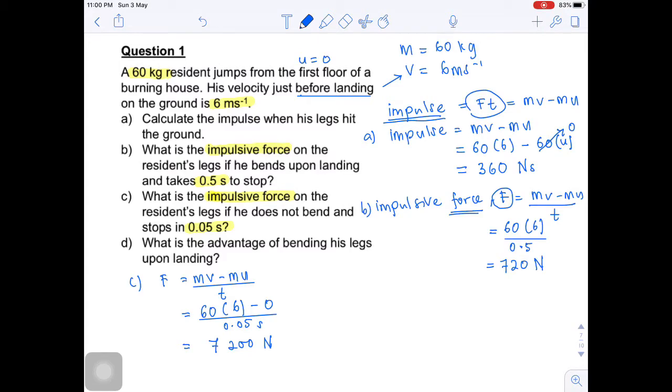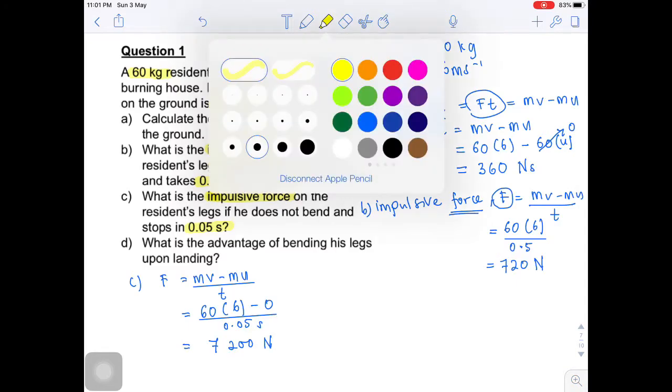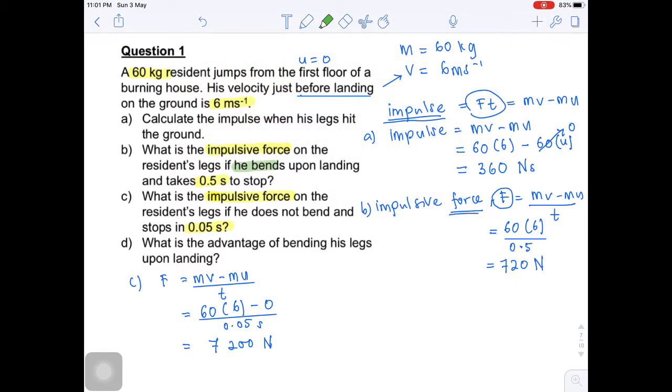Next question. What is the advantage of bending his legs upon landing? Okay, this question actually wants us to compare B and C. Let's read question B again. What is the impulsive force on the resident's legs if he bends upon landing and takes 0.5 seconds to stop?